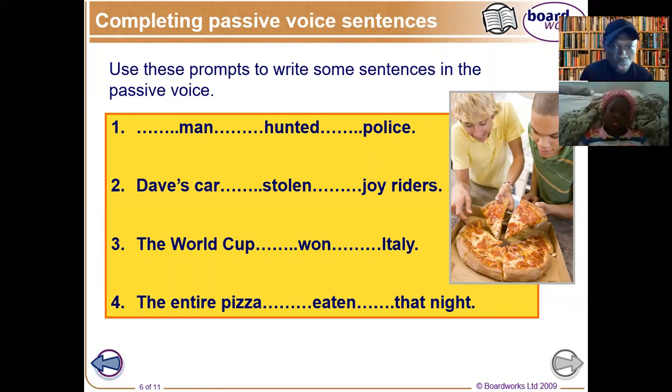The entire pizza was eaten by Toby that night. Now you see the subject is placed at the end of the sentence.